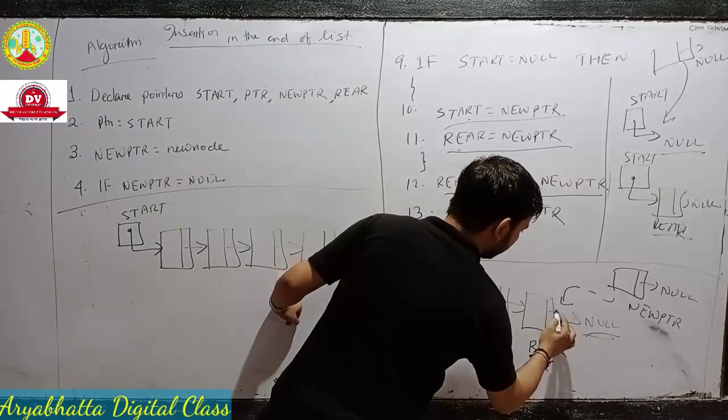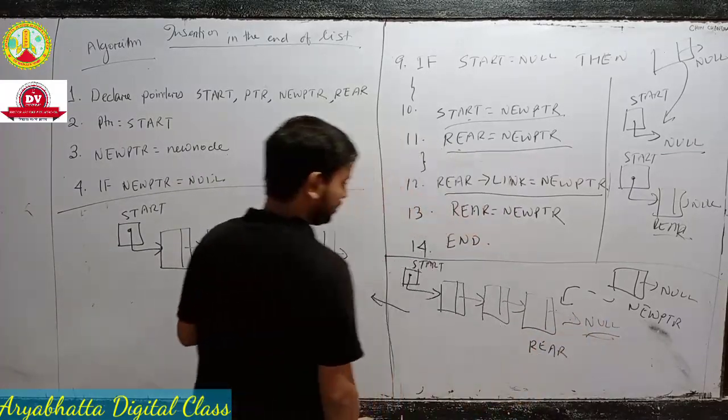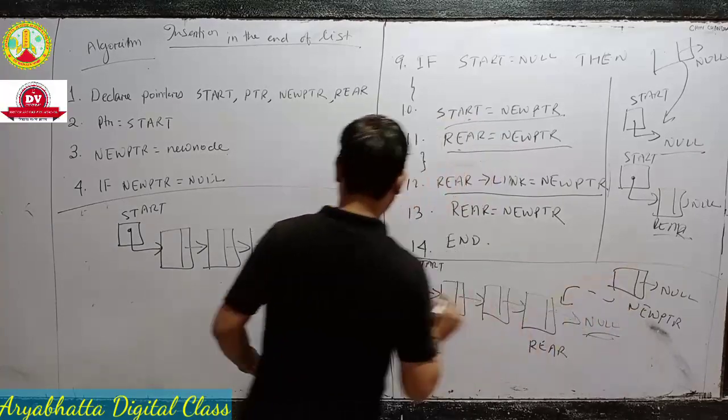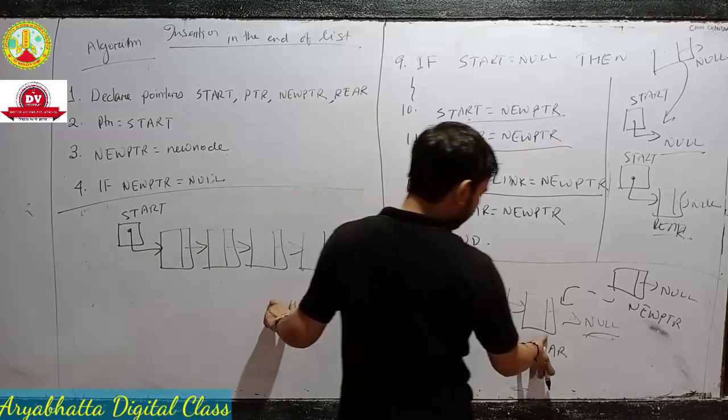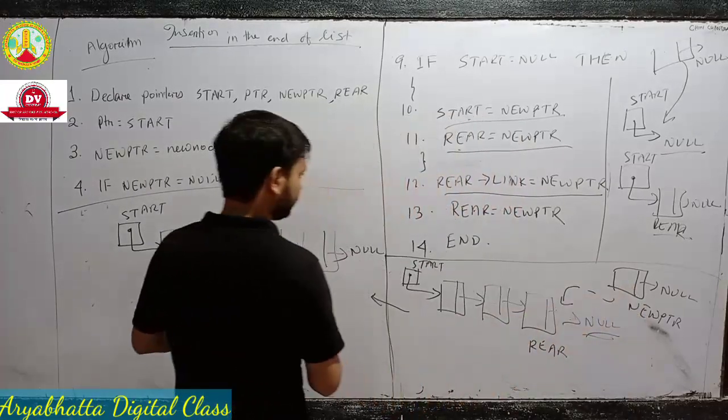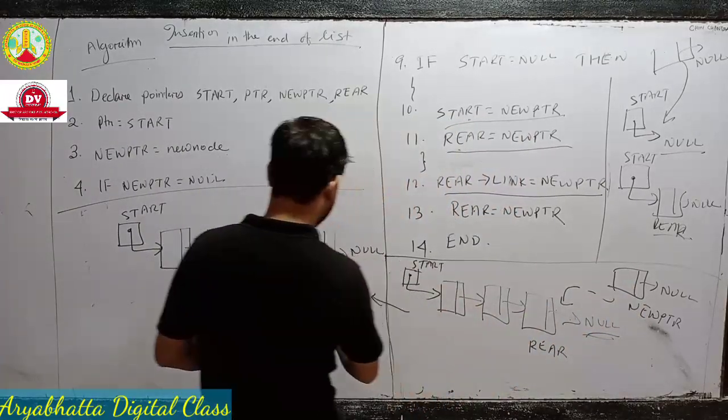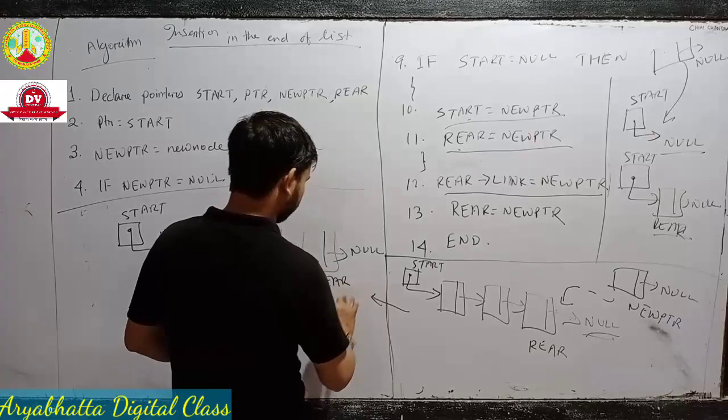This null is going to what? Suppose this is this null. Now this null is in here, and your rear position will be shifted to this. Okay, rear will be shifted to this.